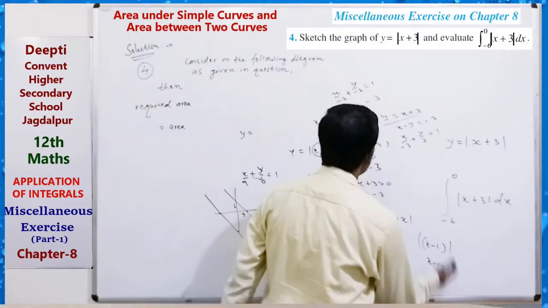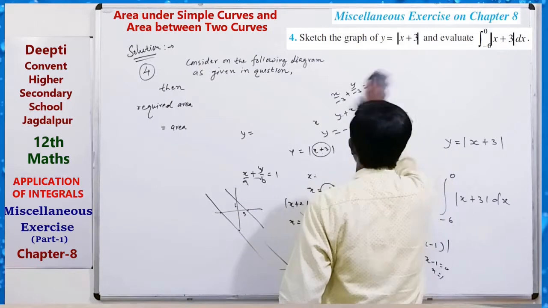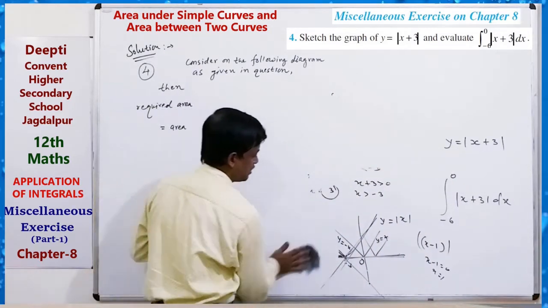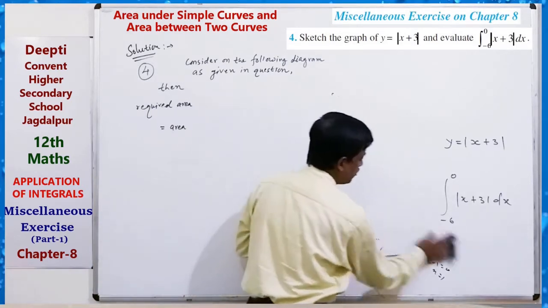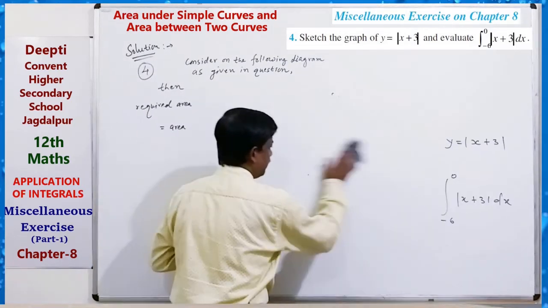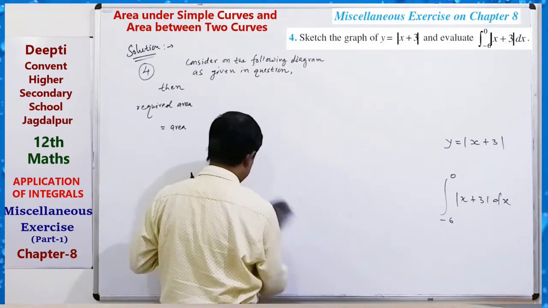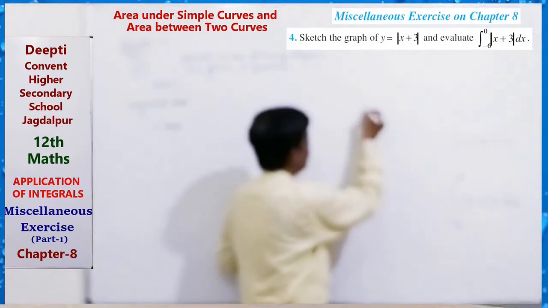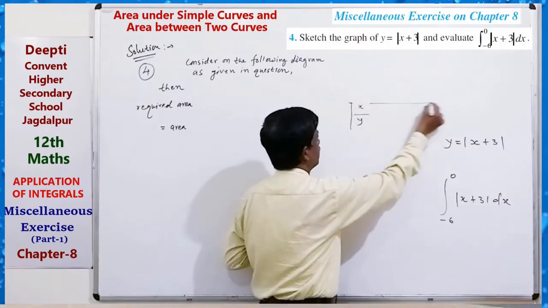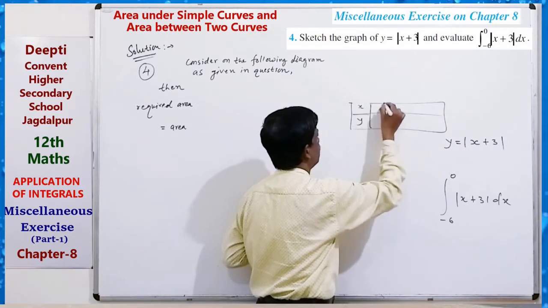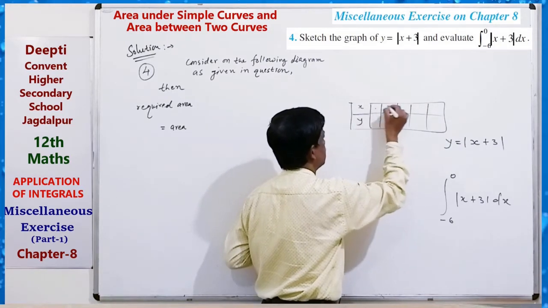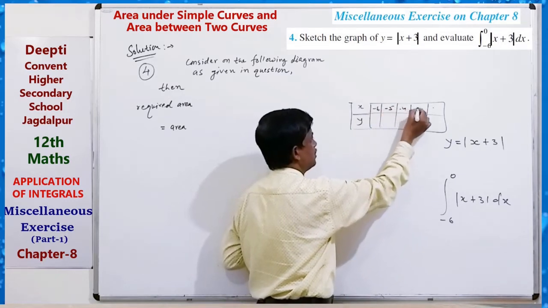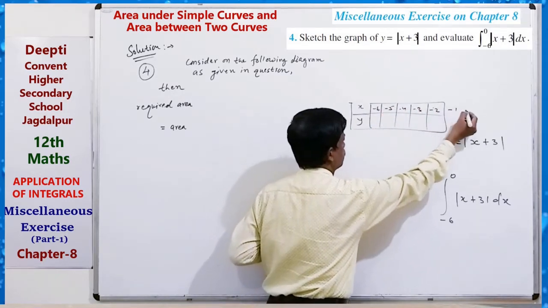Okay. And also we can draw the graph of this function by preparing a table, taking values from minus 6 to 0. Value of x, value of y: you can give the values of x, suppose minus 6, minus 5, minus 4, minus 3, minus 2, minus 1 and 0.